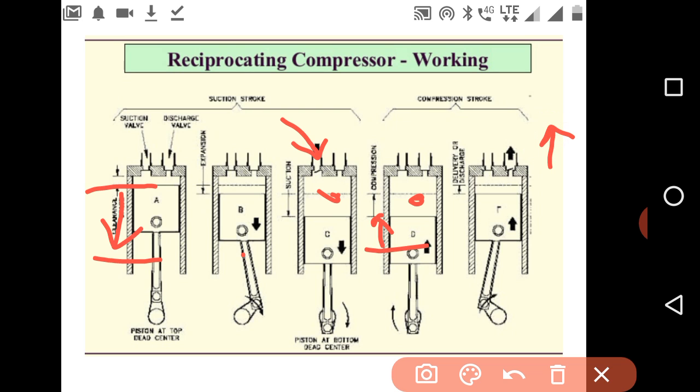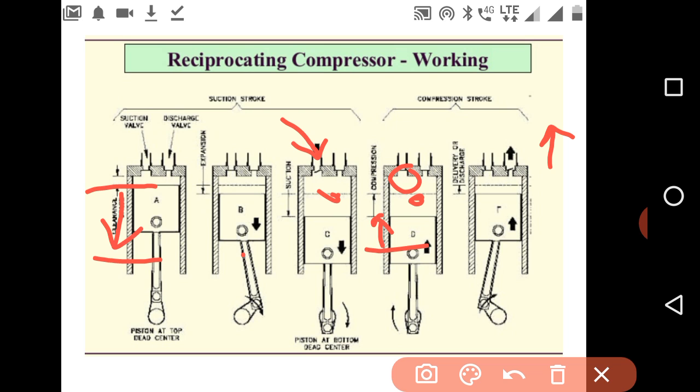Once it increases above the atmospheric pressure, the suction valve will get closed, and both valves will be closed. As the piston is moving upward toward the top dead center, the pressure inside the cylinder keeps on increasing.